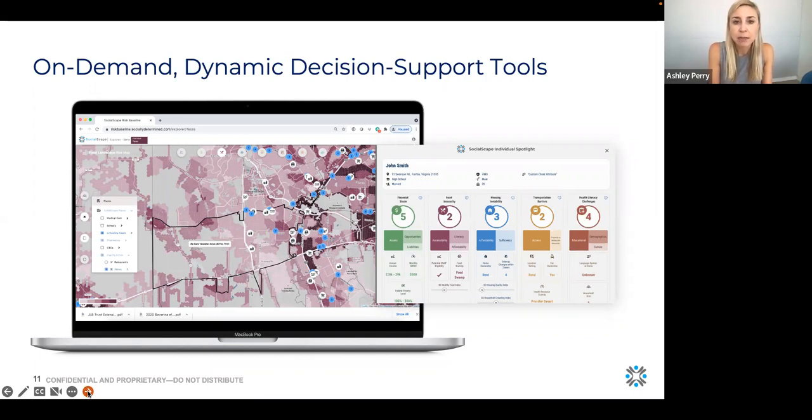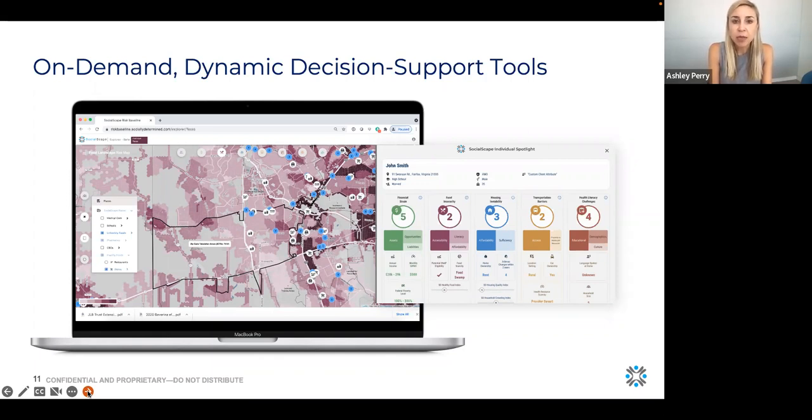So it allows your team to look at both the distribution of risk within your market, resources that are available that could help you mitigate that risk, as well as the concentration of your member population, all designed to really help you think through, from a geographic perspective, where are you seeing that concentration of risk and members in need? And then how do you think from a place-based perspective or a partnership perspective about assets, resources, organizations within that community that could help your team mitigate that risk?